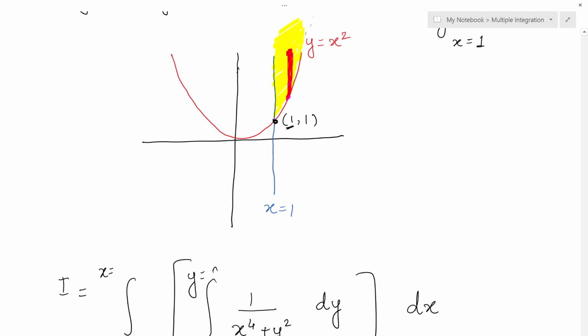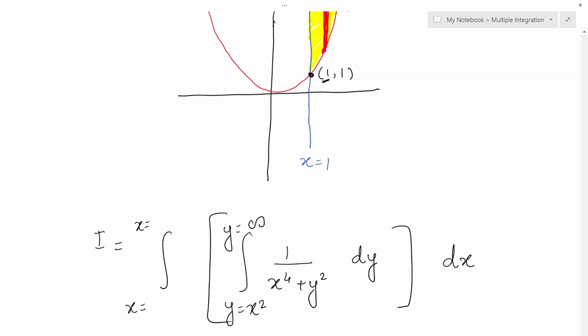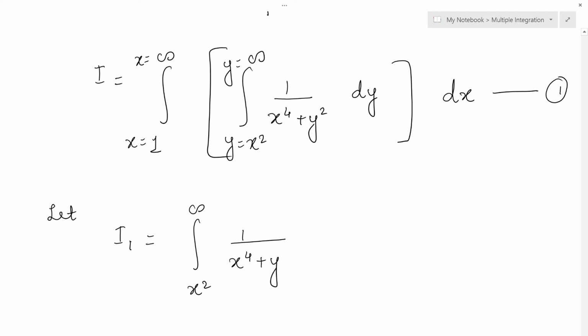Up, the strip is touching nowhere, so it is infinity. Here x is 1, the lower limit, and the upper limit is again infinity. So these are my limits of integration, right? Now I will write this as equation 1 and consider the first integral I1 as the integral from x square to infinity of 1 upon x raised to 4 plus y square dy.